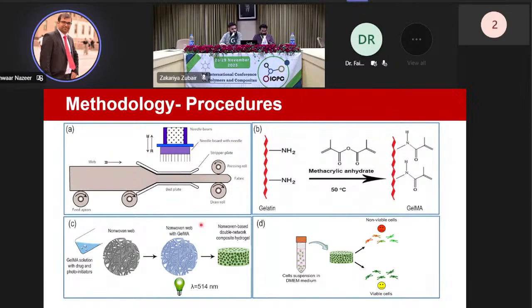We characterized these materials also, and then we proceeded with the cytotoxicity of these scaffolds. By the way, some of these methods we have already reported in the literature, but we just combined the textile materials and the techniques to convert these materials to useful products.